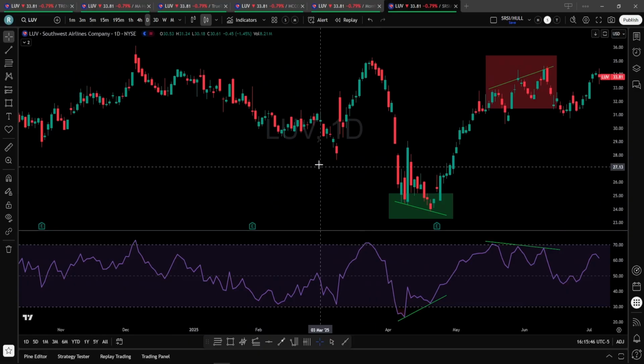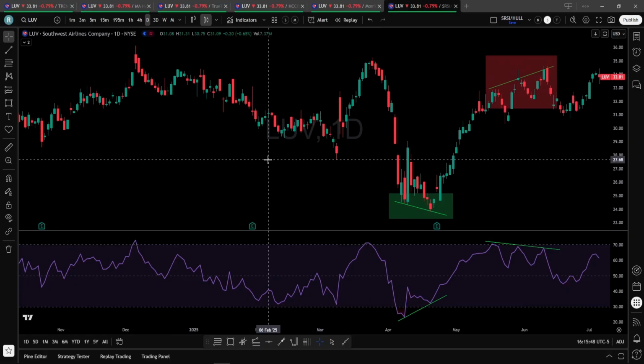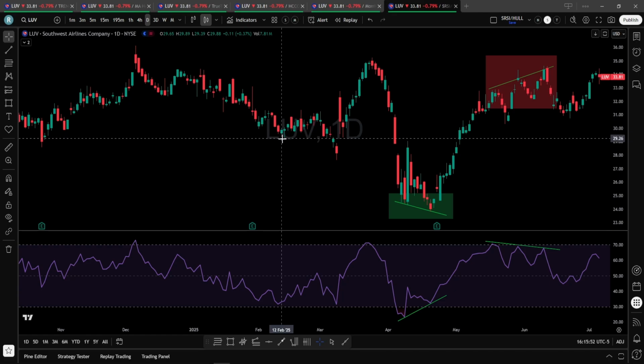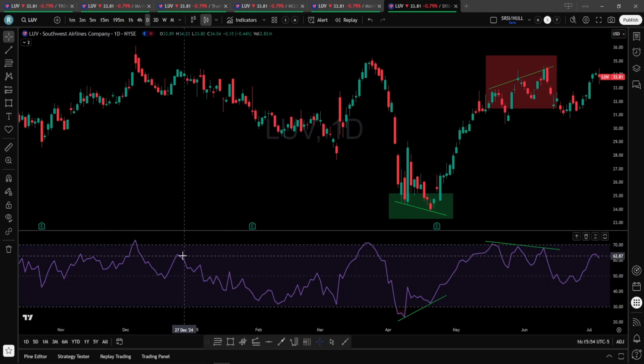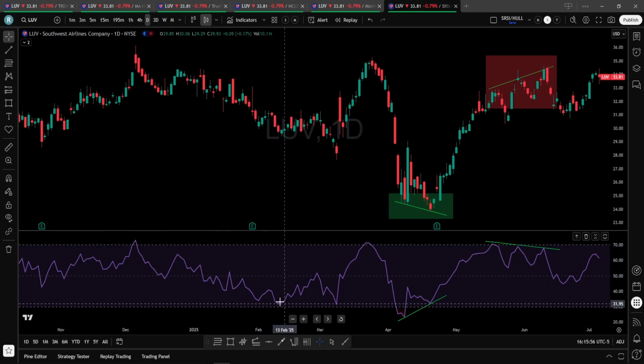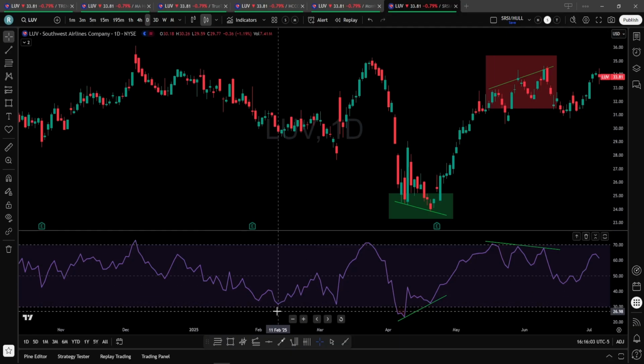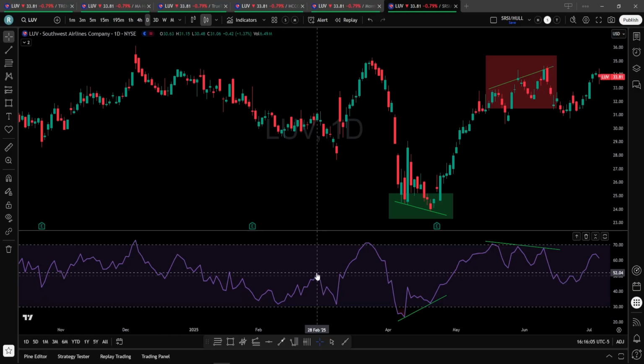Here is another example. Here we have prices moving lower to bottom here, and we see that the RSI was moving lower to bottom here. Then we see that prices move up, and the RSI moved up.